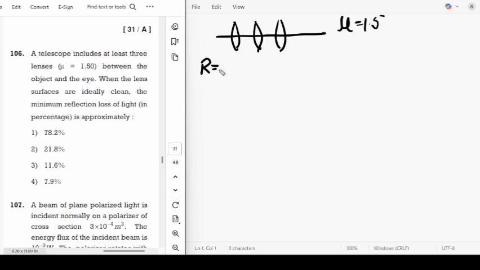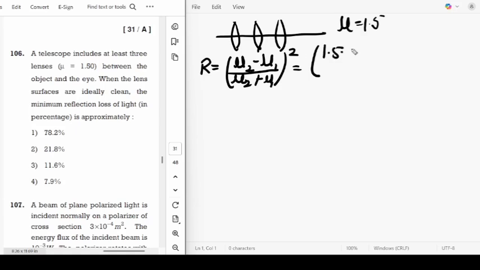To find the reflection, we apply the formula R equals ((mu2 minus mu1) divided by (mu2 plus mu1)) whole squared. Here mu2 and mu1 are the refractive indices.